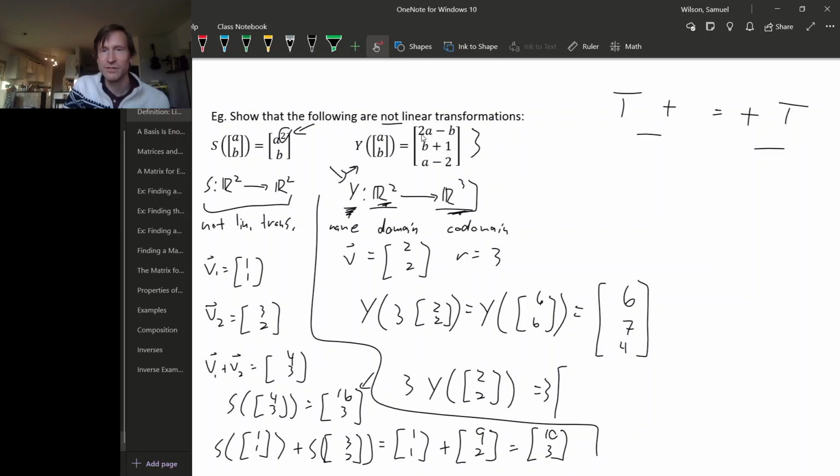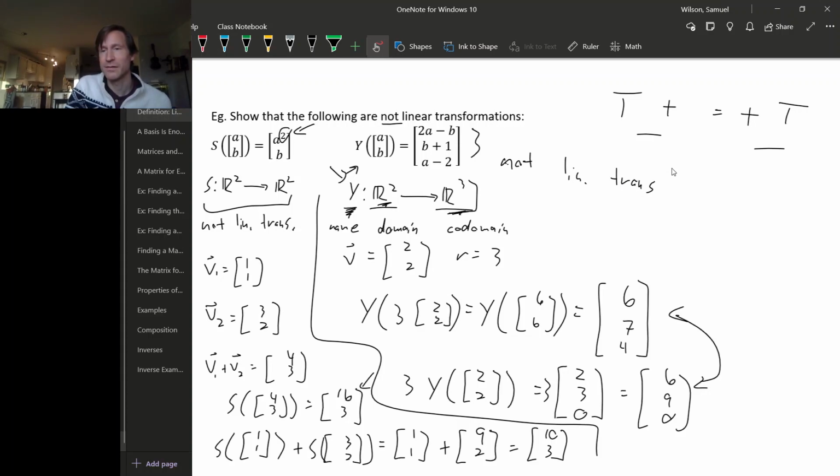So let's see, 4 minus 2 is 2, and then 2 plus 1 is 3, and then 2 minus 2 is 0. And then multiply by 3, and we get 6, 9, 0. Well, look, these aren't the same. So Y is not a linear transformation. It fails that scalar multiplication property.